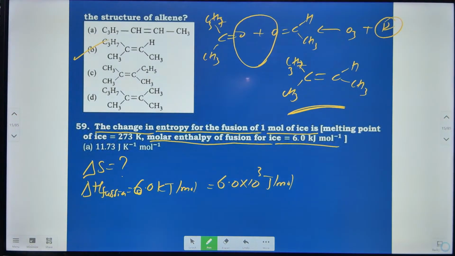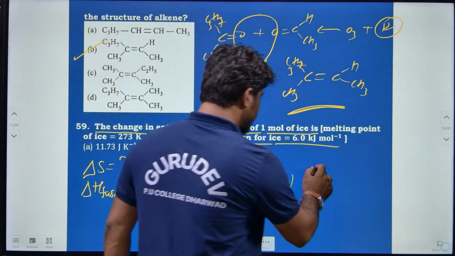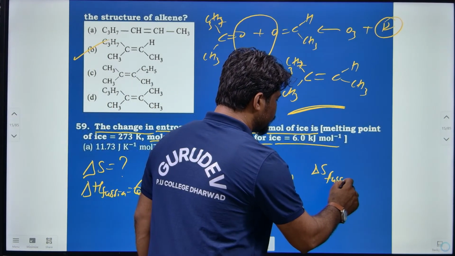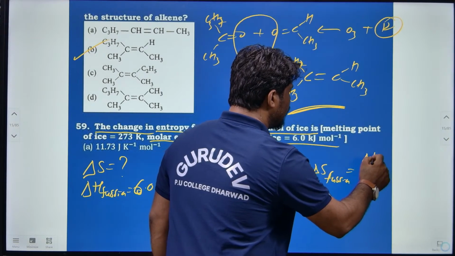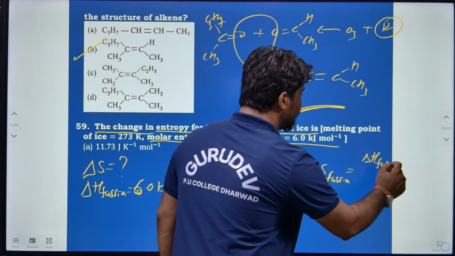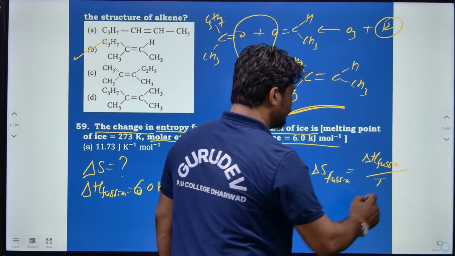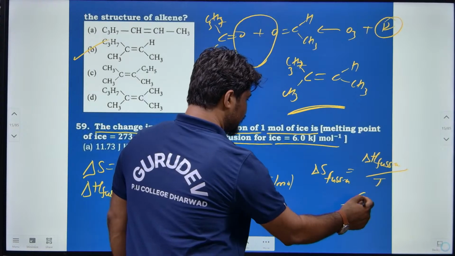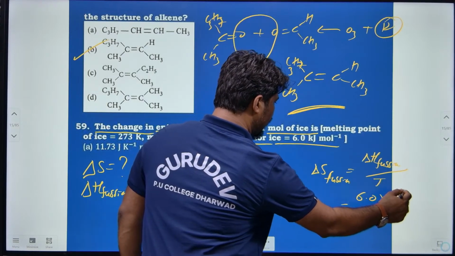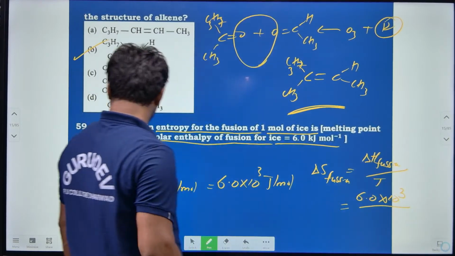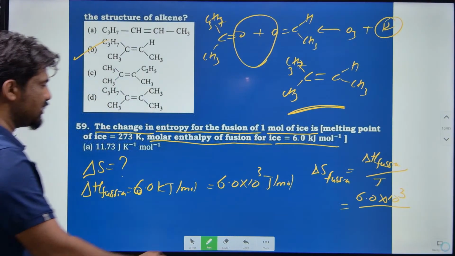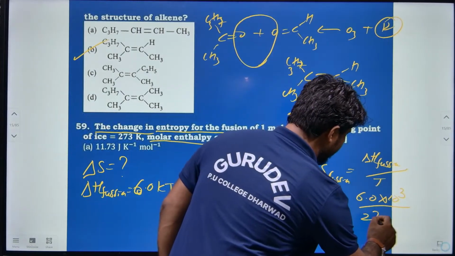It's very simple. The entropy of fusion is equal to the enthalpy of fusion divided by temperature. Here we have the delta H value, that is 6.0 into 10 to the power of 3, divided by the temperature they gave, 273.